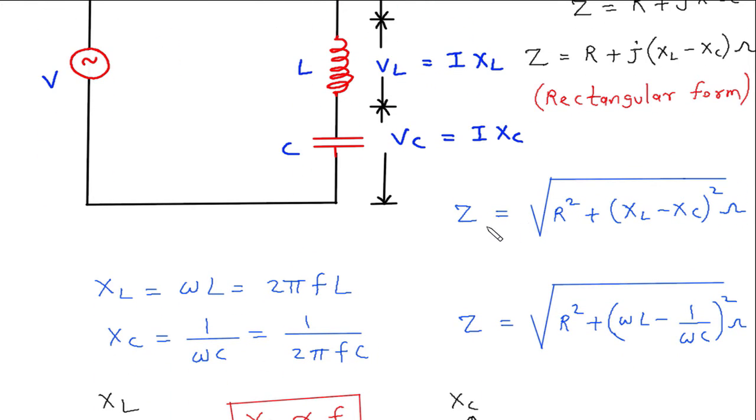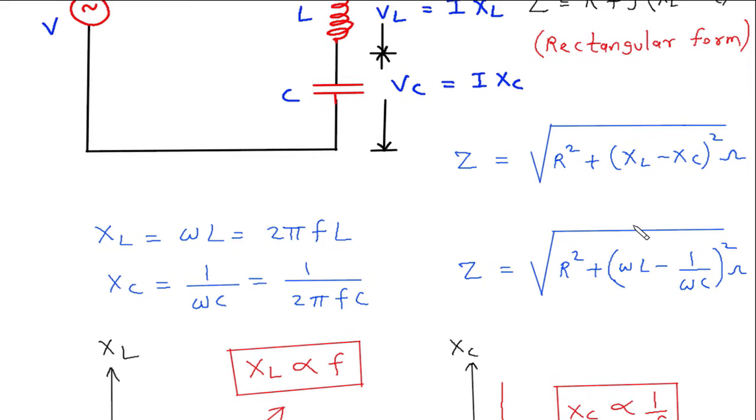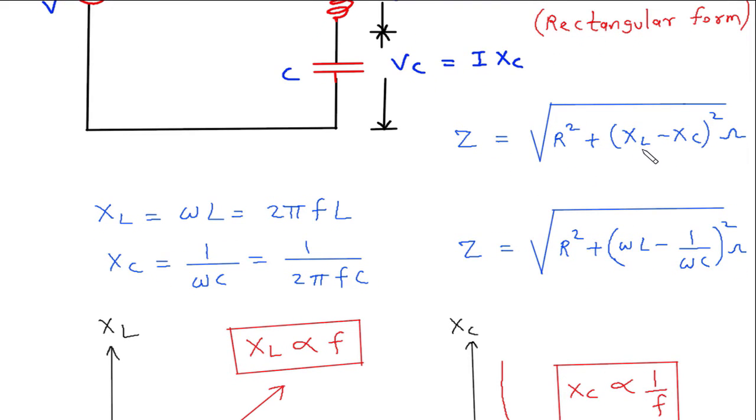Now to find Z, Z is equal to under root of R square plus XL minus XC whole square, where XL is equal to omega L and it is equal to 2 pi fL. This omega is the angular frequency and this f is the frequency.